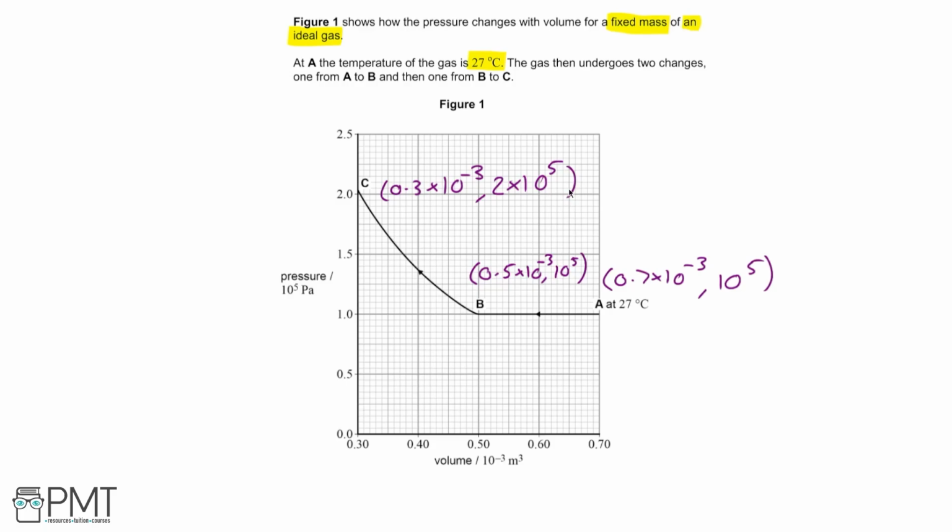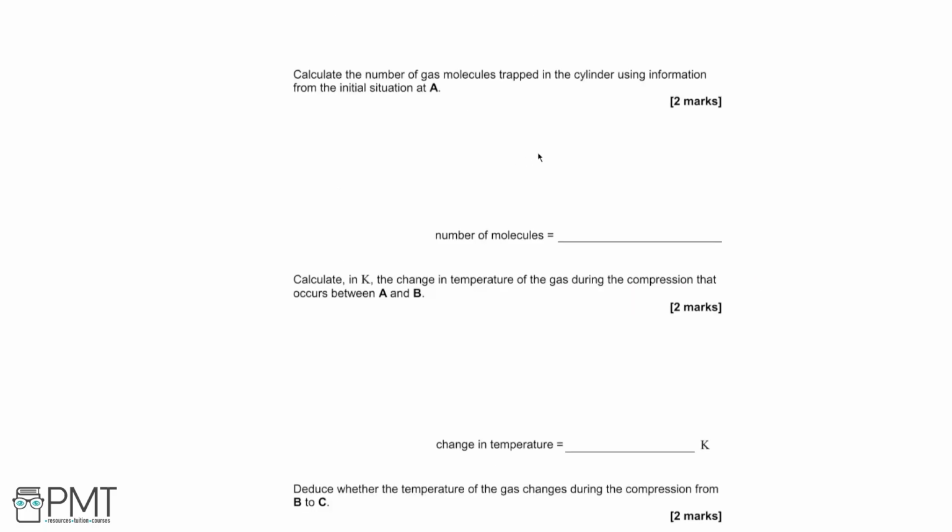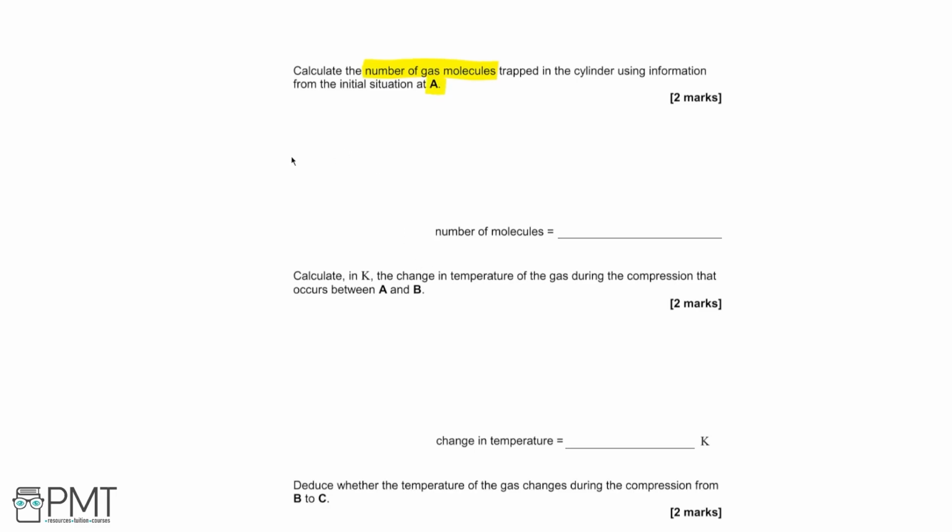The next part of the question then says, calculate the number of gas molecules trapped in the cylinder using information from the initial situation at A. To do this question, we first note the quantities that we've been given that correspond to the gas at A. Firstly, we've been given its temperature, and that's 27 degrees Celsius.